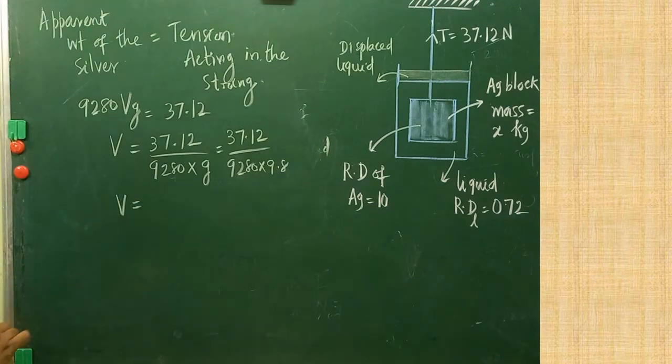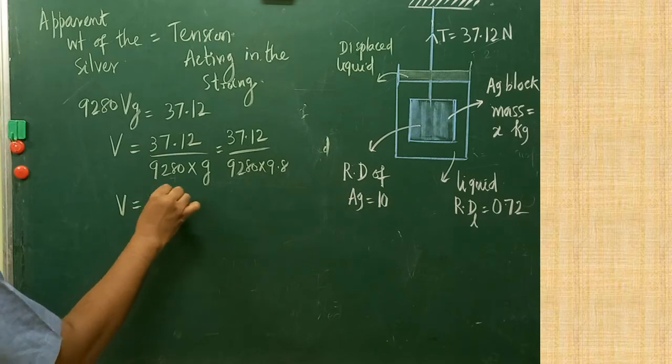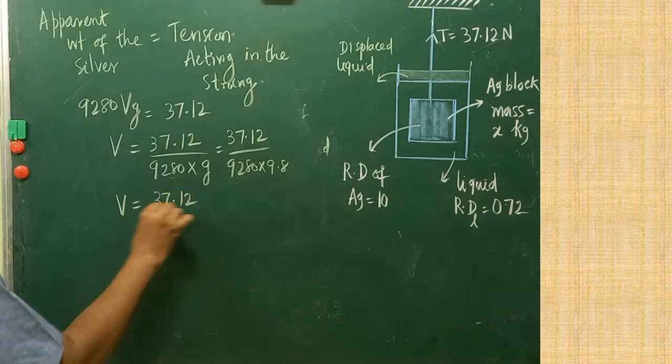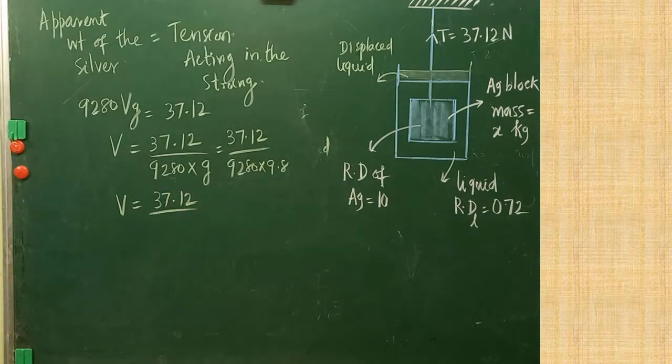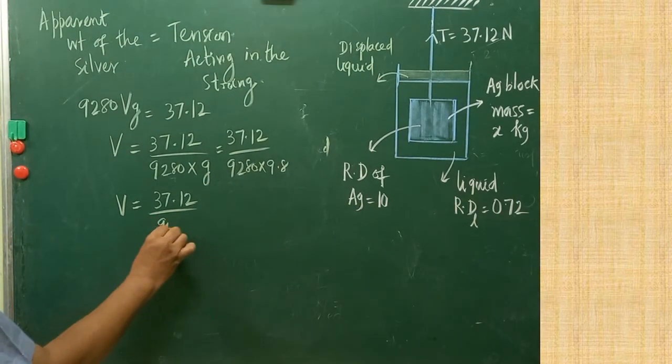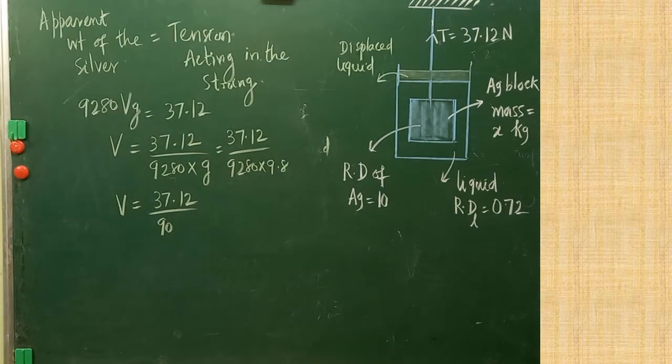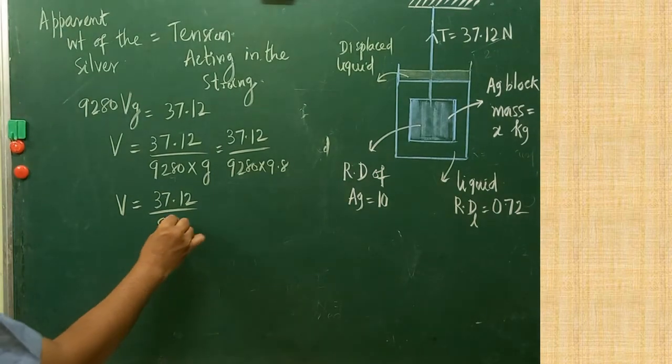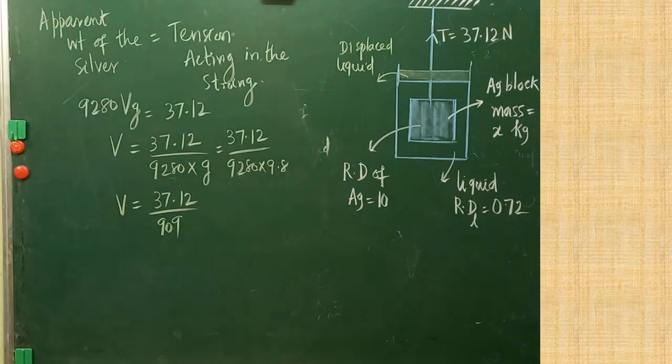V is equal to 37.12 divided by 9280 into 9.8. The product in the denominator is 90944. Okay.